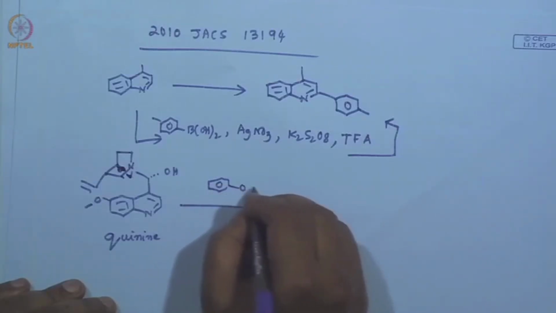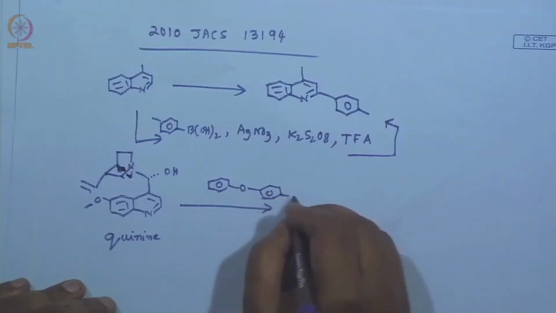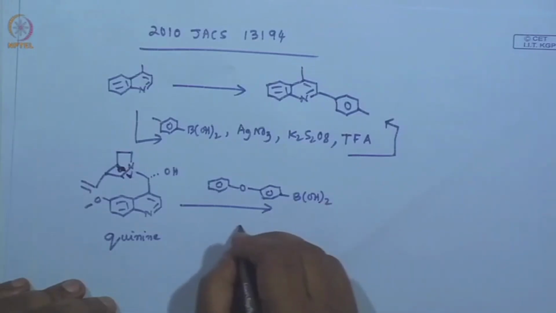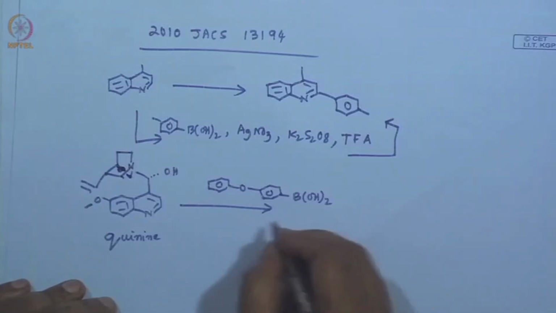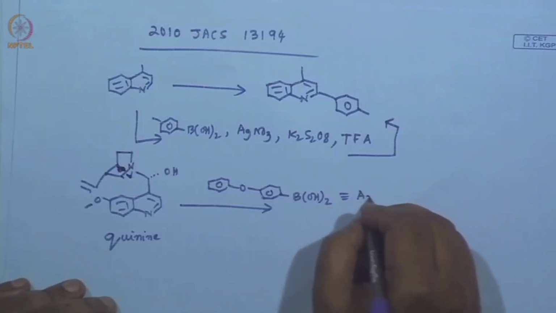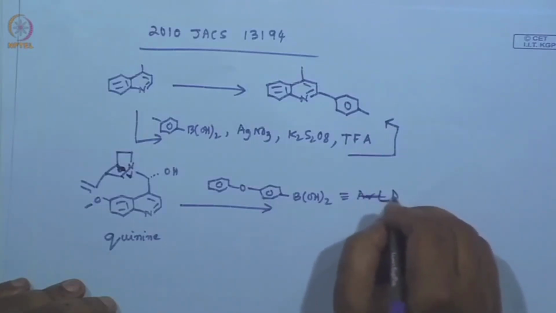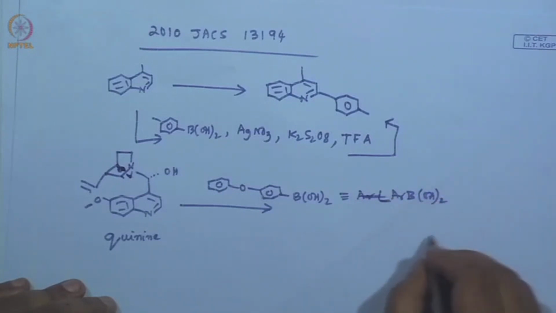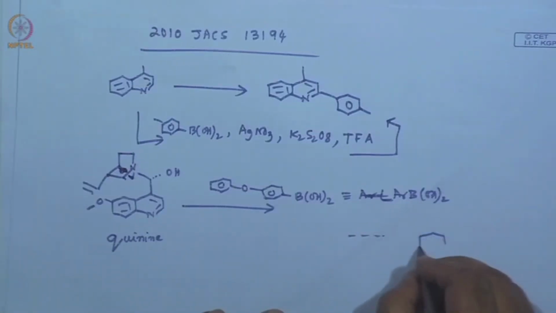Now, if you just apply Baran's reactions with a substrate, I do not know why he has chosen this substrate. It is a pretty big one, with a diphenyl ether kind of linkage, and the corresponding boronic acid, and the recipe as before. If I write Ar-B(OH)2, it will give rise to, you can extrapolate, what would be the product?